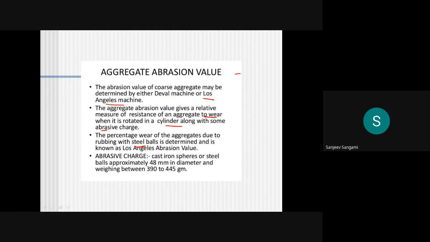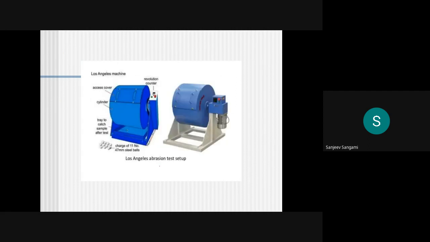The abrasion charge is normally cast iron spheres or steel balls approximately 40 mm in diameter and weighing between, so this much. This is the Los Angeles machine, and when you start rotating it, it will rotate in this direction or that direction.